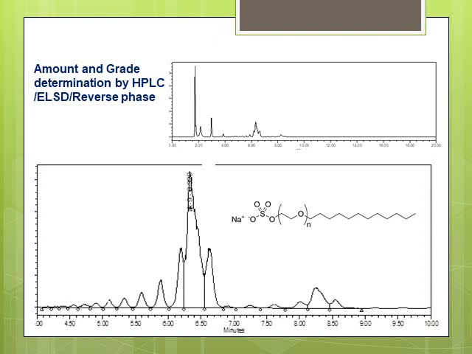We can determine the amount of SLES present in the product that you're trying to reverse engineer. And also because you have multiple peaks, you have a profile, and using the profile you can determine the grade. You can get information about what grade of raw material was used in the product that you are trying to reverse engineer.